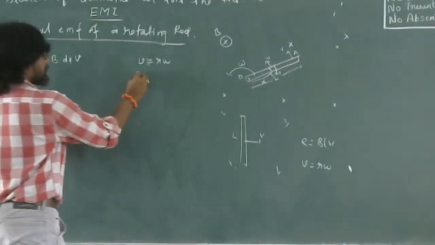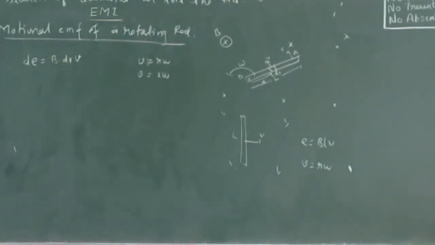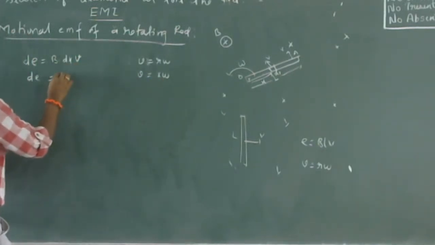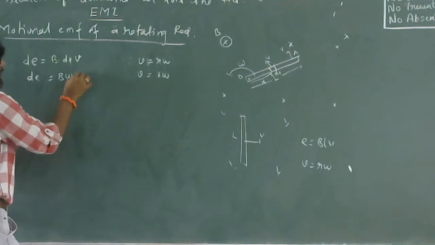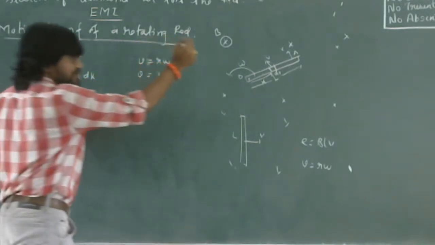So in this case v = x omega. So you can write dE = B v dx, with v = x omega, so dE = B omega x dx. This is the small amount of EMF induced in this small element.